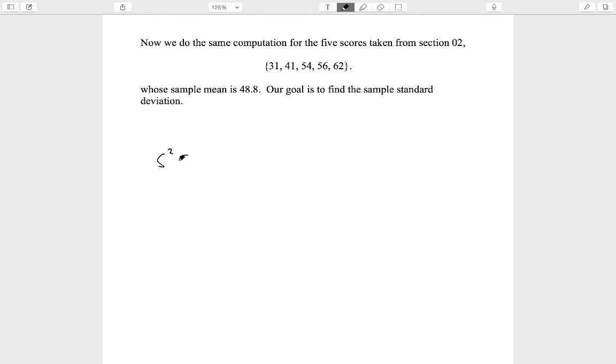So the variance, s squared, equals the sum of the squared deviations from the mean. So 31 minus 48.8, this 31 minus the mean squared, plus 41 minus 48.8 squared, plus, etc. We'll do the same for 54 and 56, all the way up to 62 minus 48.8 squared.